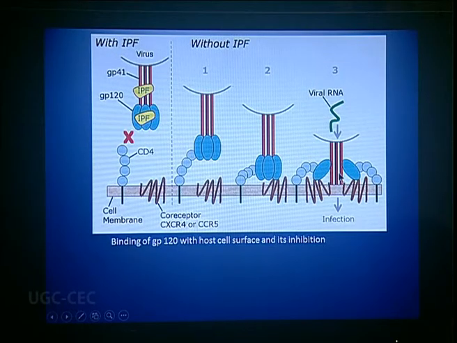And the moment it comes in, you can see there is a change in the configuration and the infection occurs. So this particular degradation or disintegration of the GP120 actually is helping the viral RNA to enter, or it is allowing the channel through which the RNA can enter into the host cell. It's a very unique phenomenon.